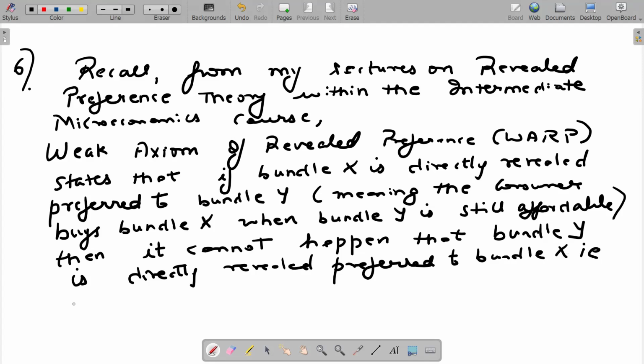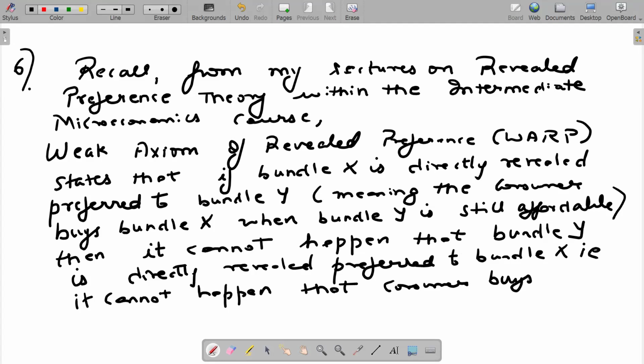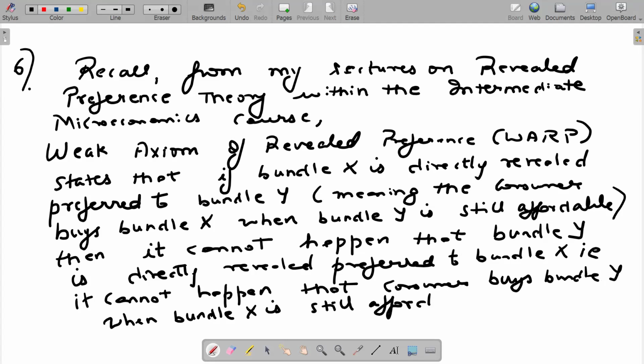That is, it cannot happen that the consumer buys bundle Y when bundle X is still affordable at any given set of prices.